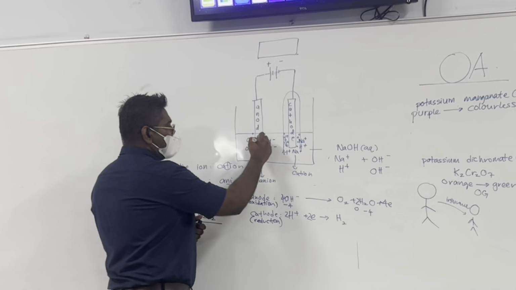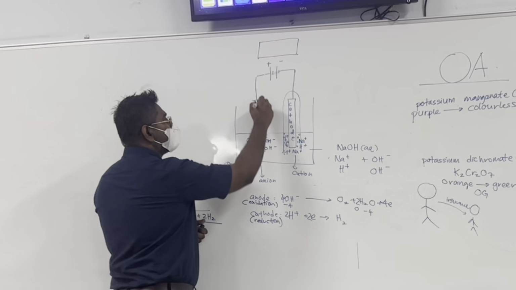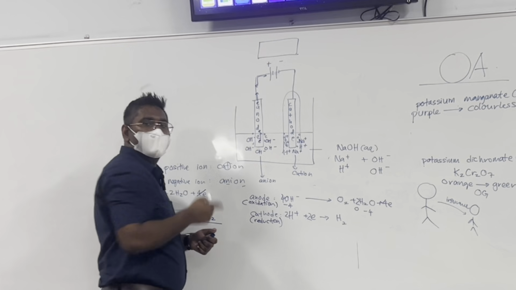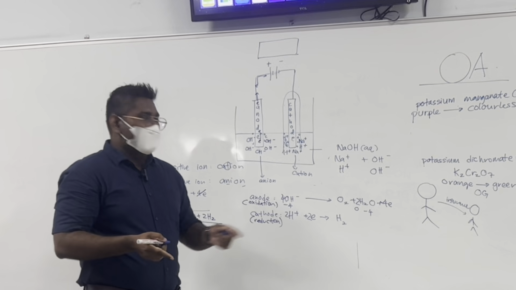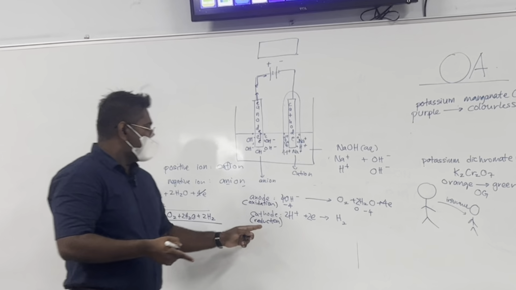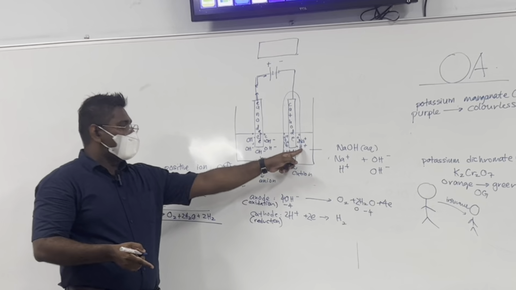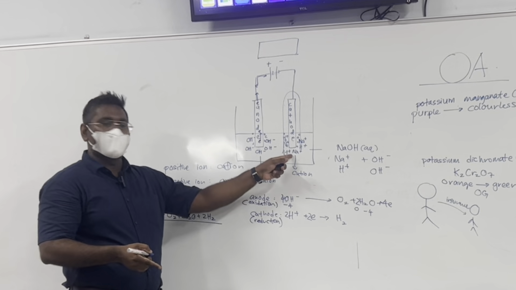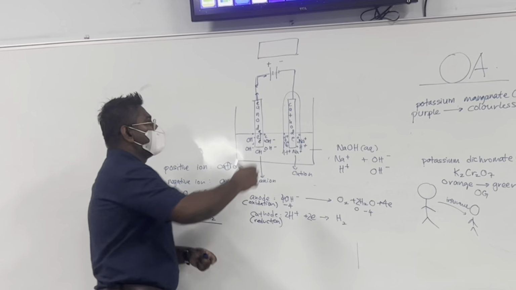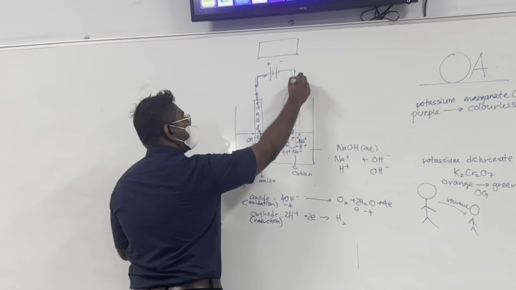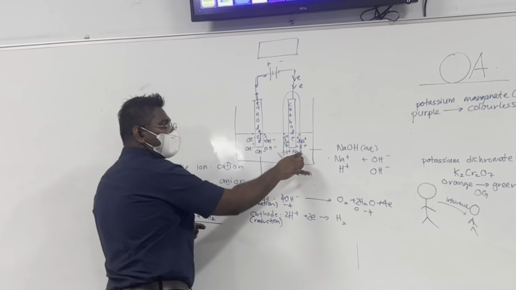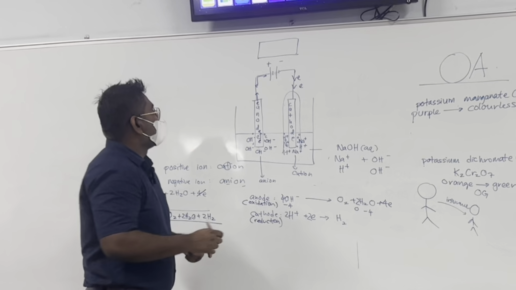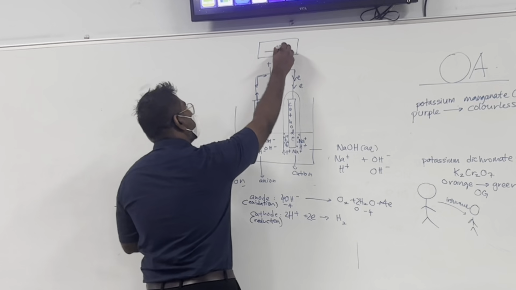So the 4 electrons move here. Look at this: 2H⁺, the H⁺ is receiving the electrons. They are not going to receive the electrons from here; they are going to receive them from the external circuit, and then give them to the hydrogen. So the movement of the electrons is from here to here.